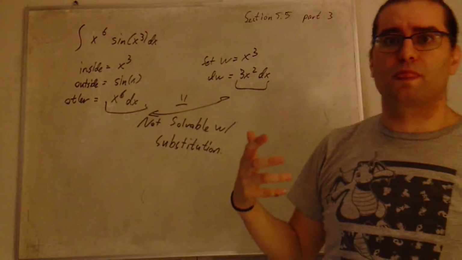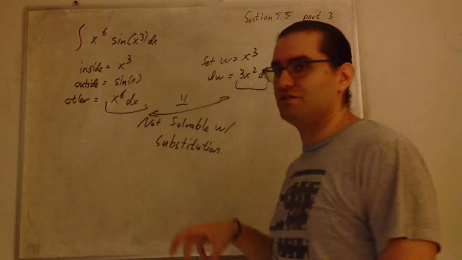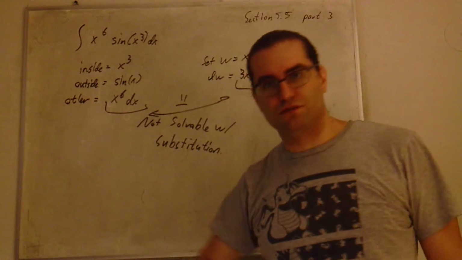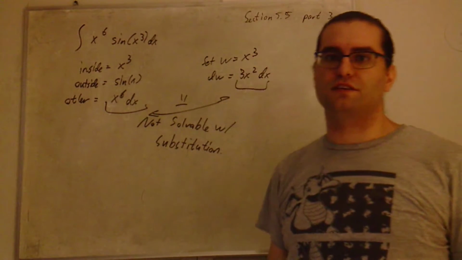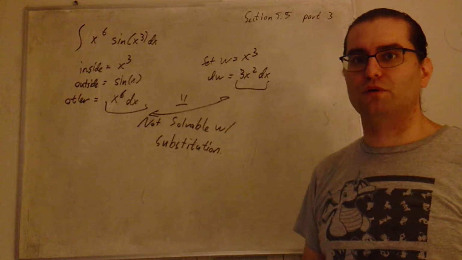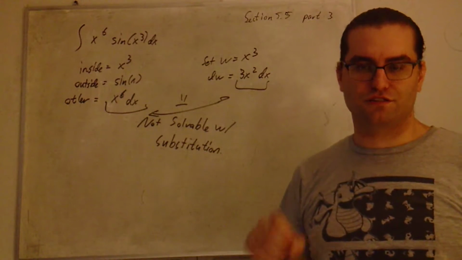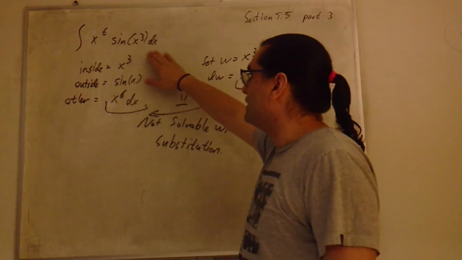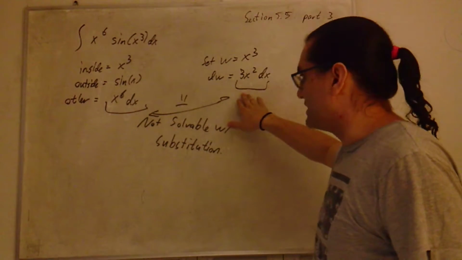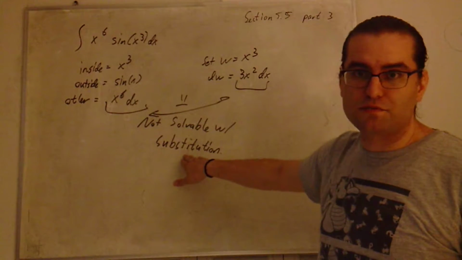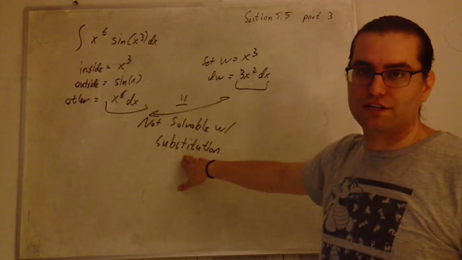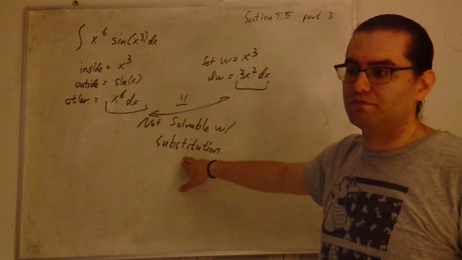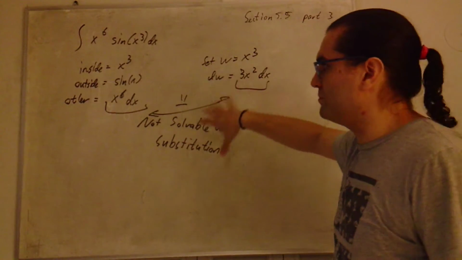So one of the big challenges of succeeding in Calc 2 towards the end of the semester is to learn to identify which problems require which solution techniques. And the good news is if you're doing a problem and you get something like this, that probably just means you're using the wrong technique and you should try a different technique. So don't be afraid to back up and start something else.